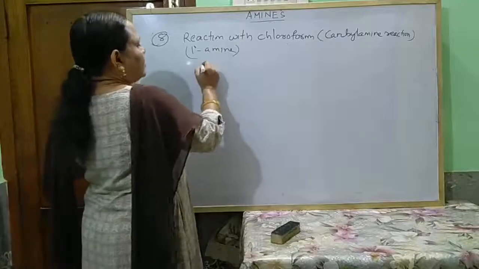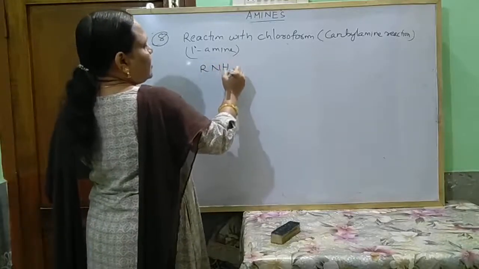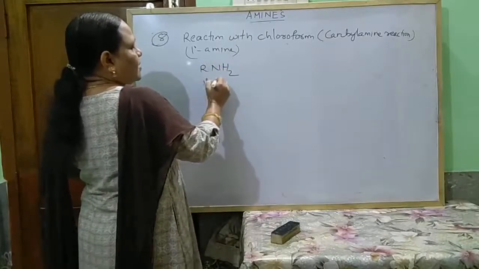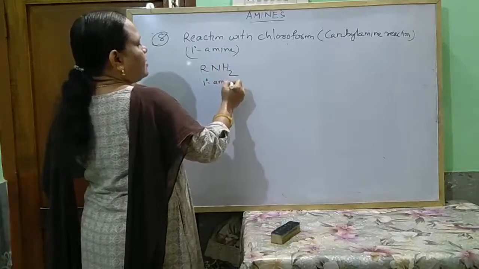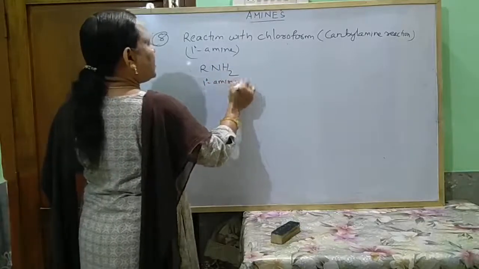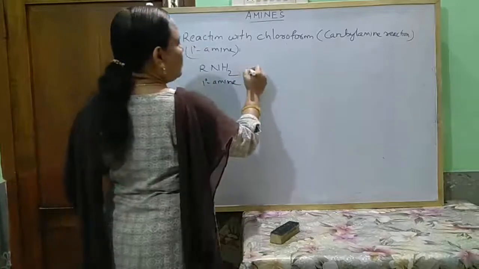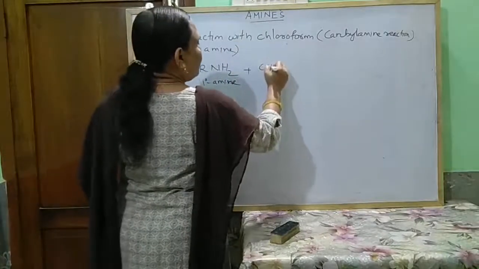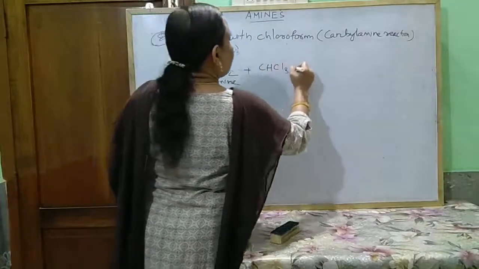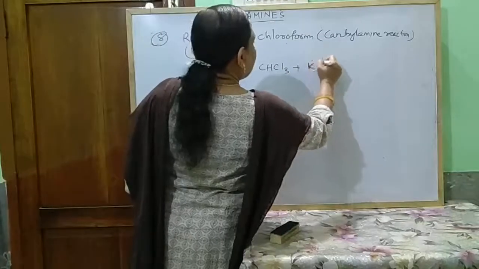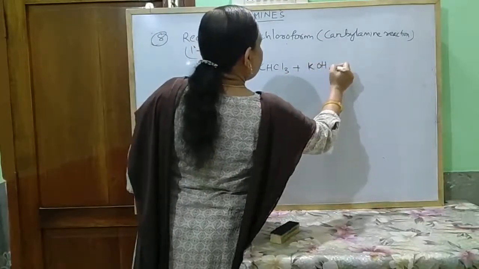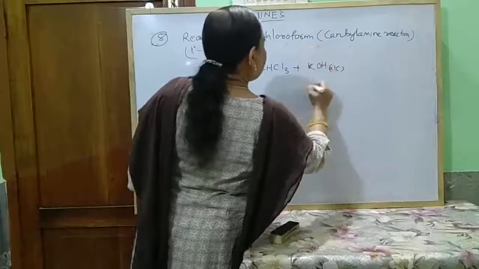Look at the example. This is the general equation. This is primary amine. Here R may be alkyl or aryl group, reacts with chloroform in presence of alcoholic KOH, potassium hydroxide.